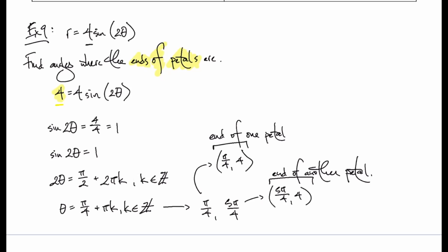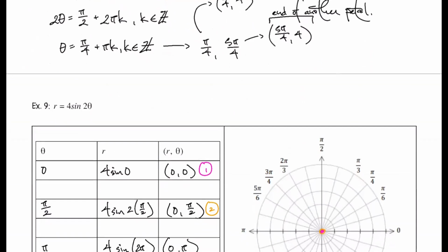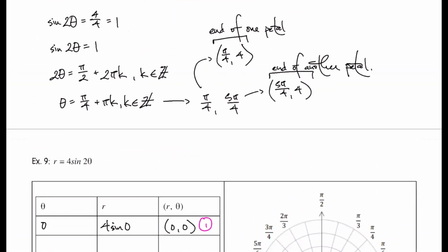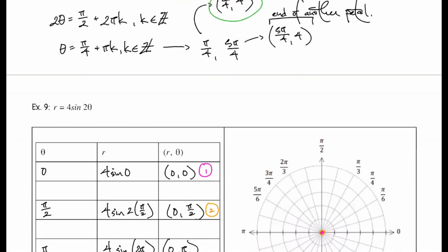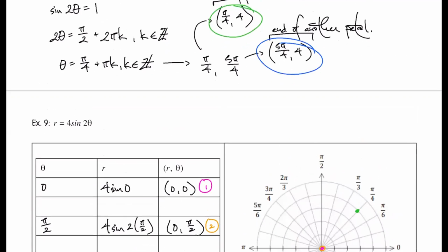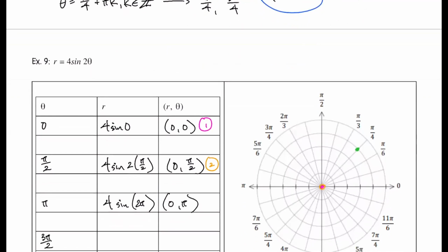So let's go ahead and plot these 2 points, pi over 4, comma 4, and 5 pi over 4, comma 4. When we plot those, let's maybe do this one in green. So pi over 4, comma 4: 1, 2, 3, 4. And let's do 5 pi over 4, comma 4 in blue: 2, 3, 4.